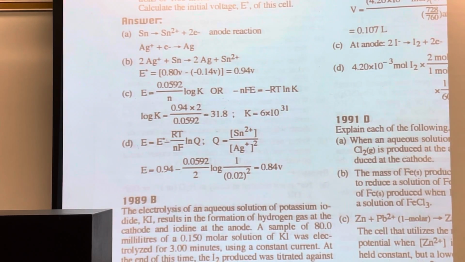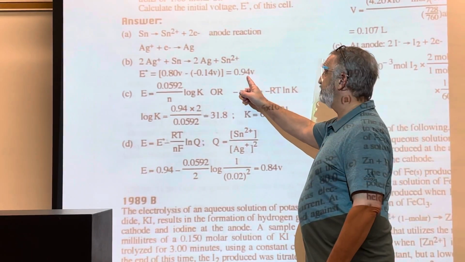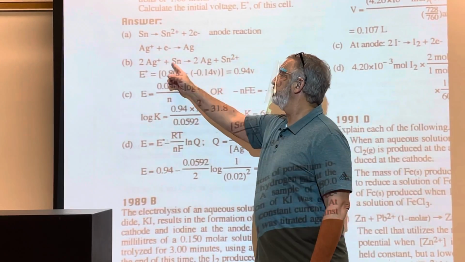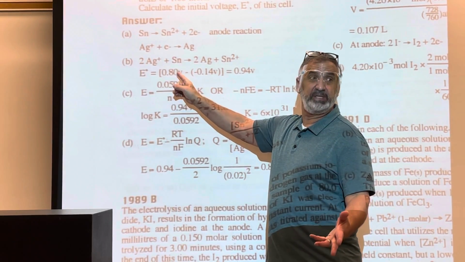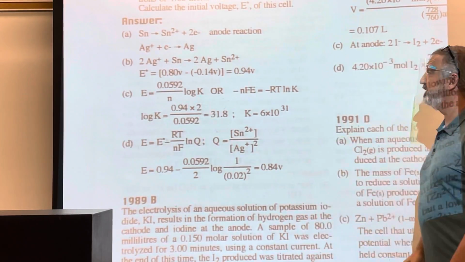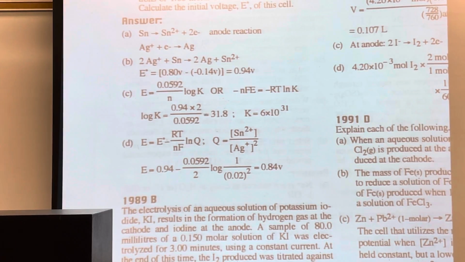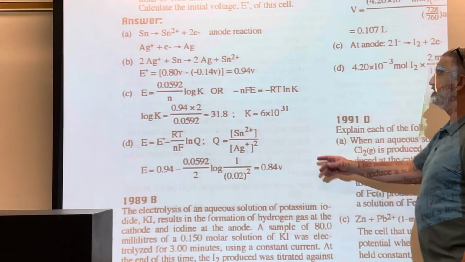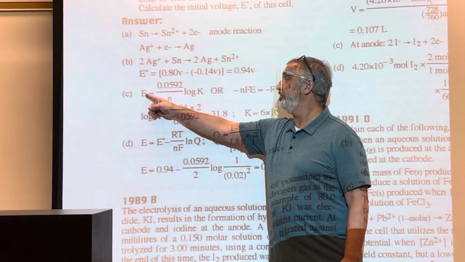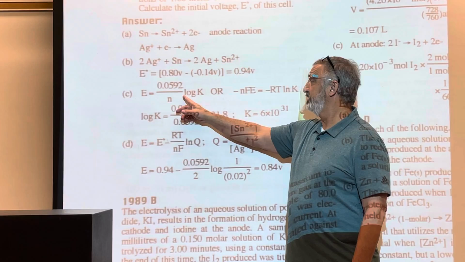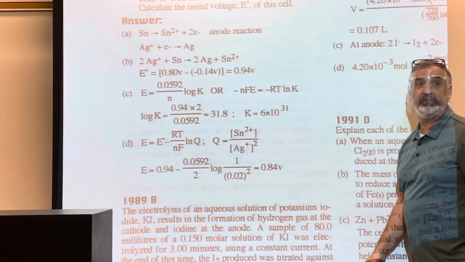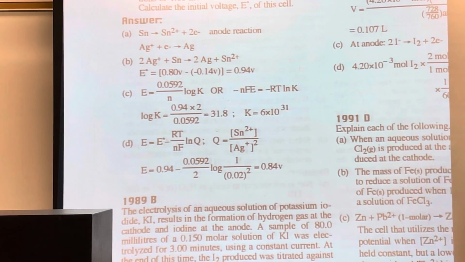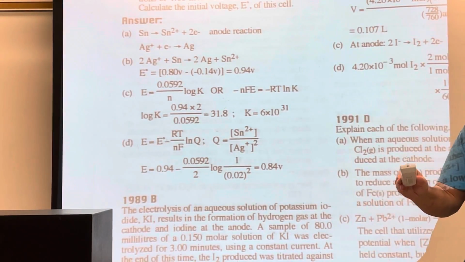Okay? So then E is just red minus ox, and these values you get from page 1105, or in the current test, they'll be given within the problem. Then we have this equation I gave you on the board. This is just setting the two delta G equations equal.